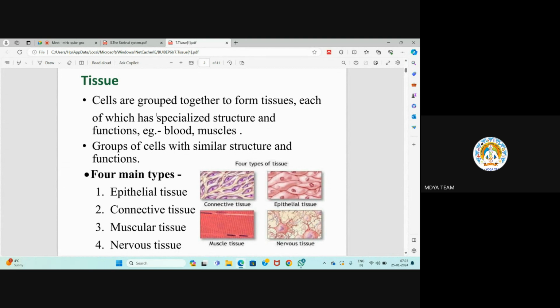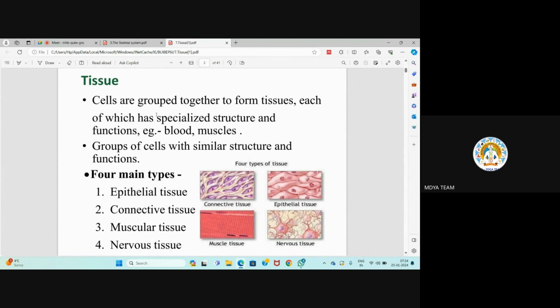If we take the example of blood, then in blood we can see RBC, that is red blood cells, having a similar kind of structure. All the red blood cells in the body have a similar structure.